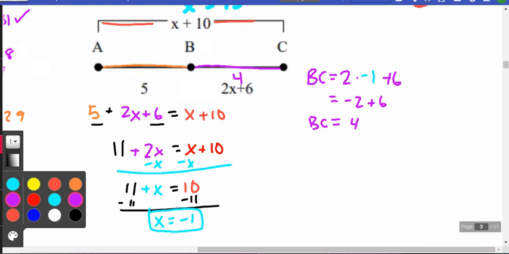Now we need to calculate the entire length of segment AC. We needed it to add up to 9 since it's 5 plus 4 here, so -1 plus 10 results in 9 units, so it works out.